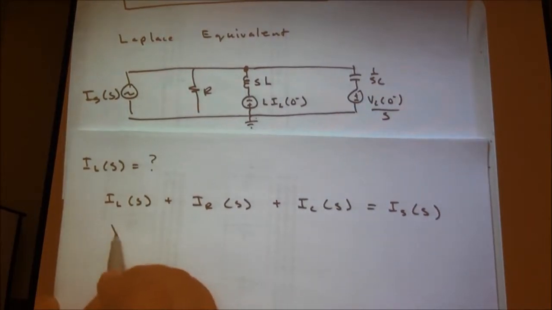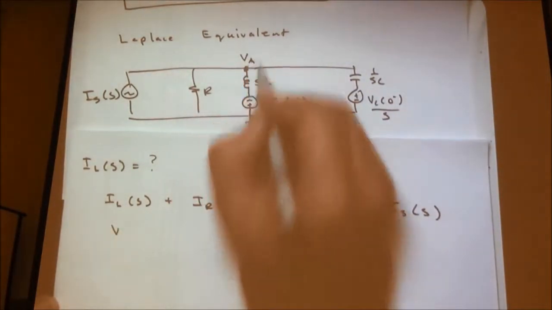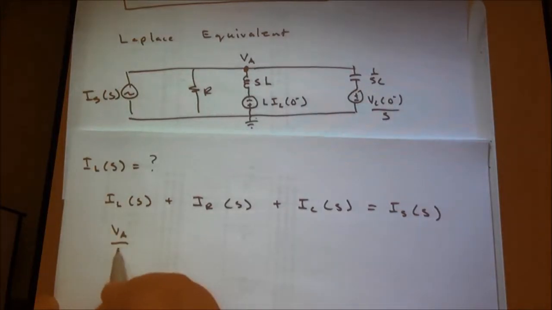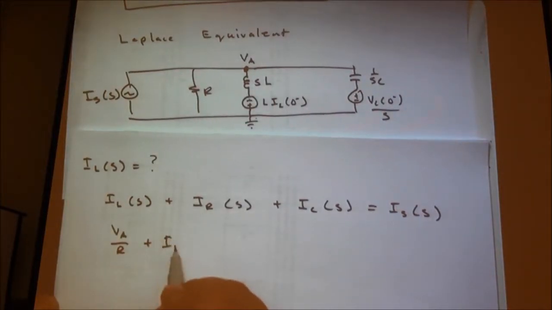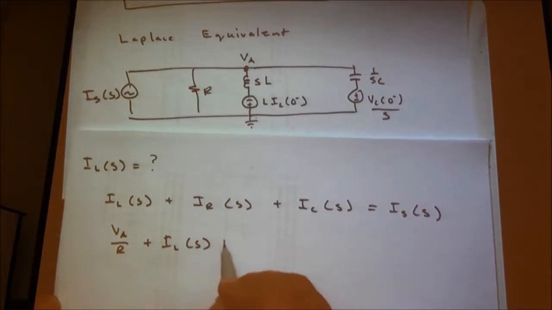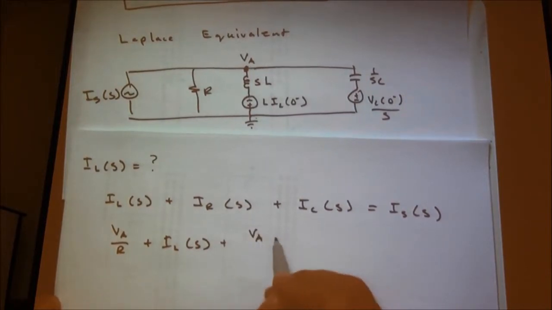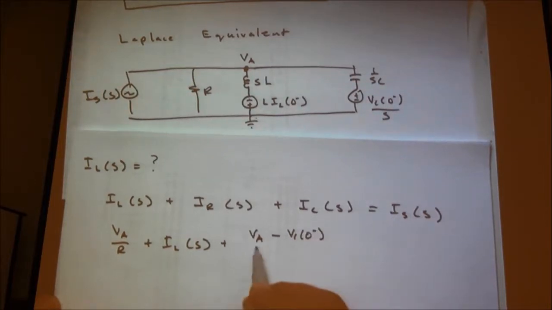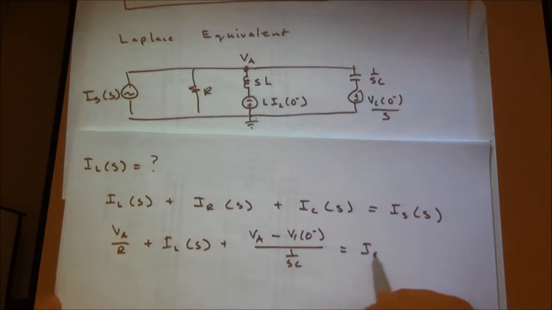I could call this VA over R, plus IL, in this case, I'll just write that as IL of S. We don't have to write that any differently because that's the parameter we're interested in. Plus VA minus VC(0 minus) over 1 over SC equals I source of S.